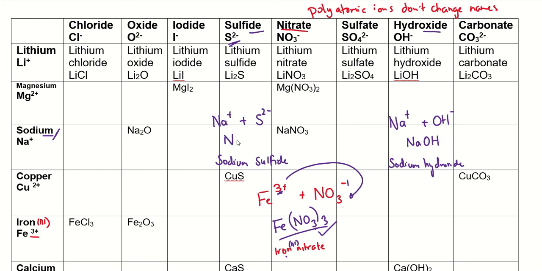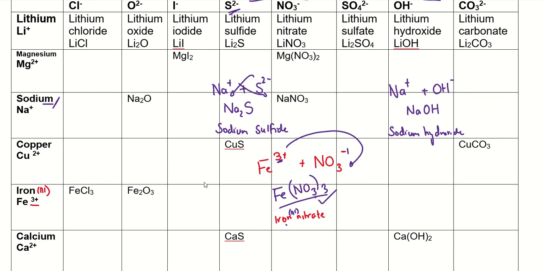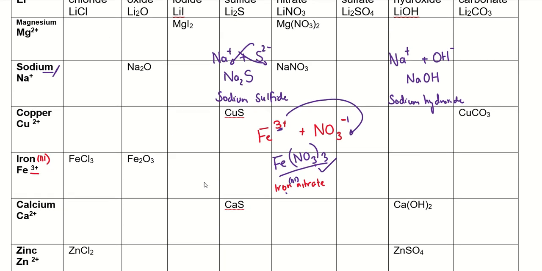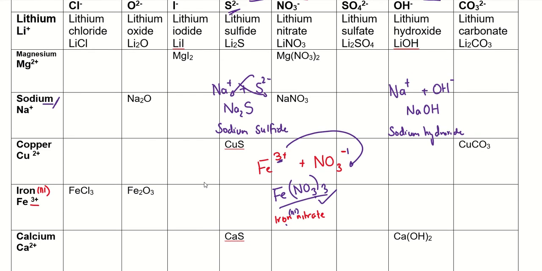So it becomes Na2, because this 2 comes down here, and this one will come down here, which we just write as Na2S. Okay, so that's basically that, and that's how you do those. So try some of these, or actually try and finish all of these, and see what answers you get for those.